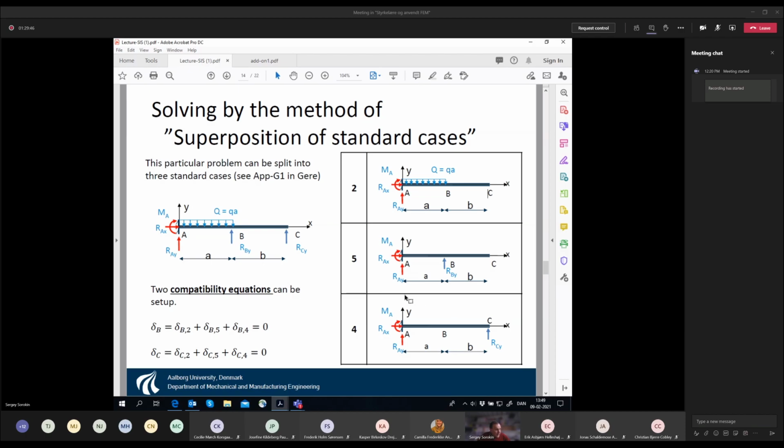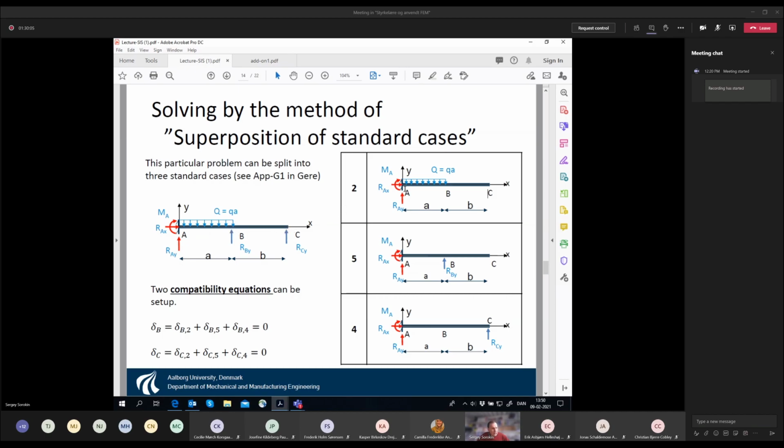So this is exactly what is written here. In this picture, you have the three forces acting simultaneously, and the simultaneous action of these forces must ensure that point B has zero displacement and point C has zero displacement.